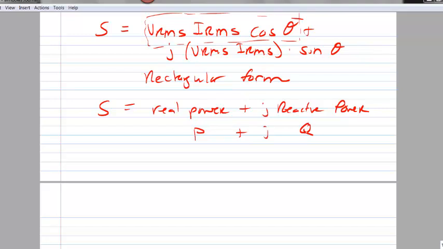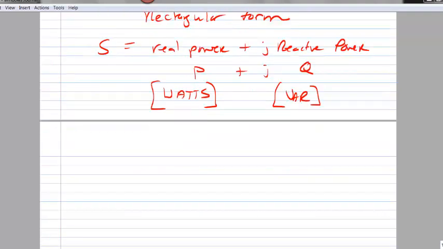So we have P and Q. Real power units are in watts, and reactive power has different units. Reactive power has VAR unit. There's one more type of power we should know, and that's the apparent power.